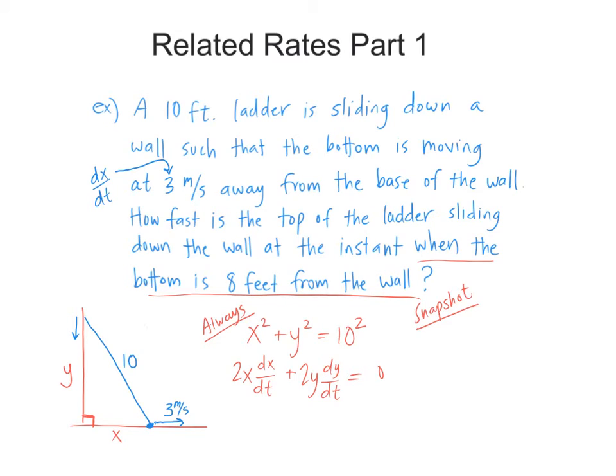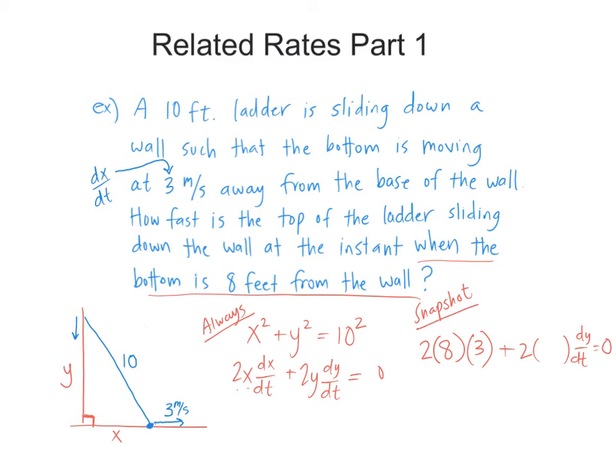So the one thing I know I can plug in right now is that dx/dt equals 3. I'll go ahead and plug it in when the bottom is 8 feet from the wall. So we're talking about the moment when x equals 8. So 2 times 8 times 3, plus 2 times y times dy/dt.